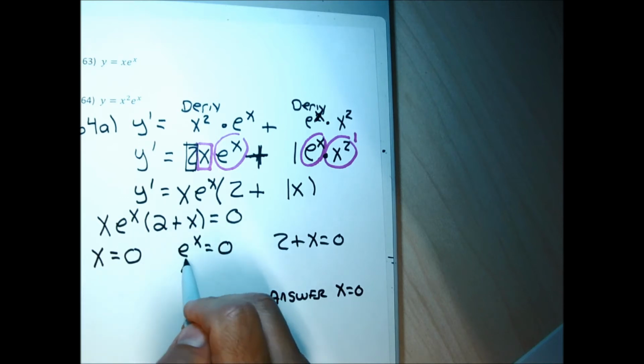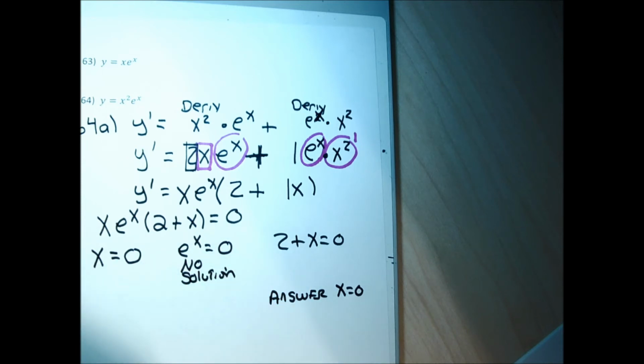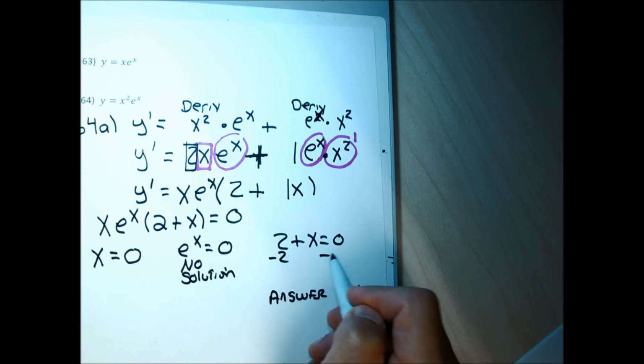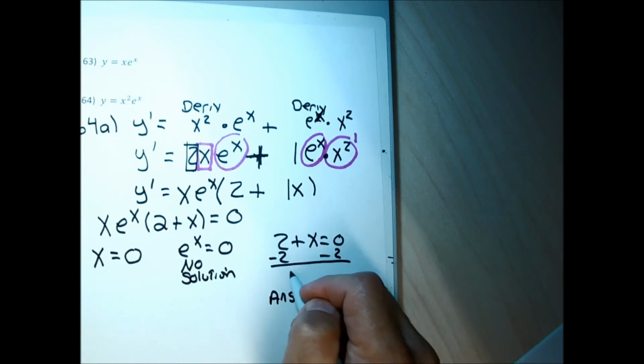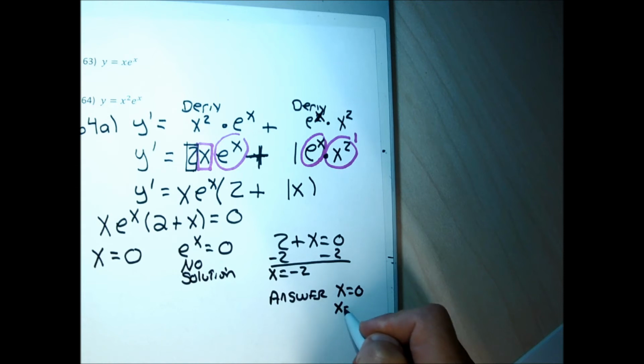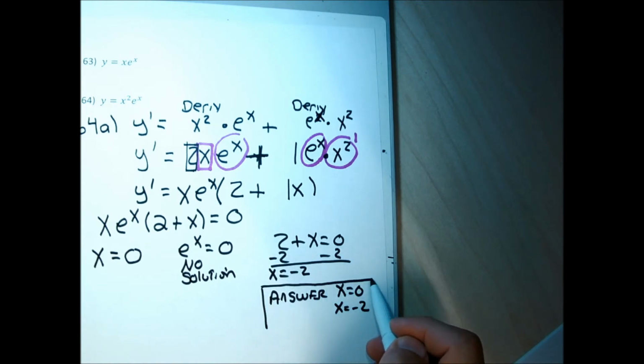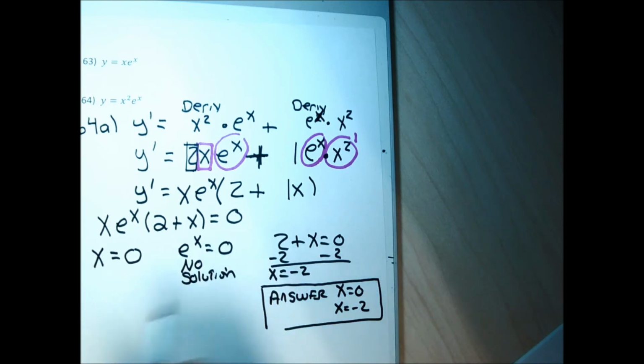The middle problem is going to be a no solution. And the last one, I'd minus 2 from both sides and get x equal to minus 2. So 64a has 2 answers, x equals 0 and x equal negative 2.